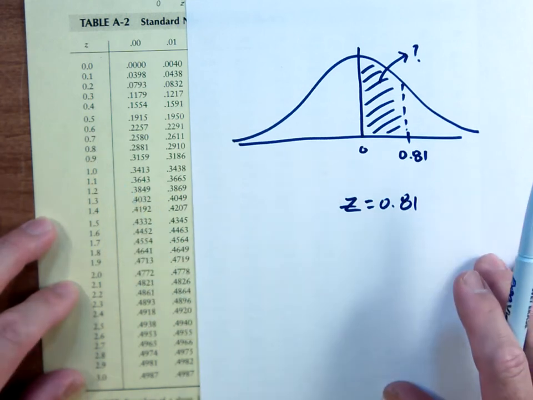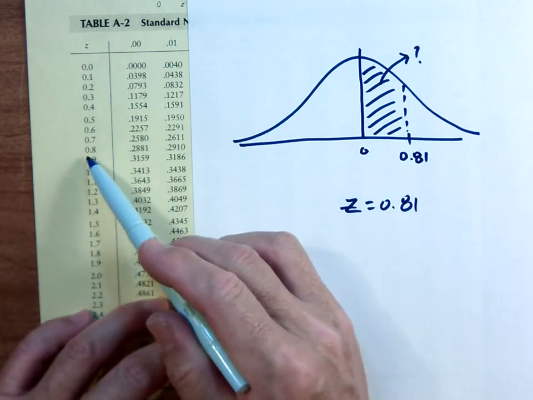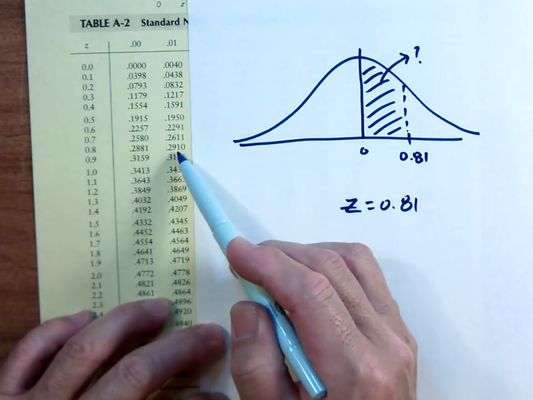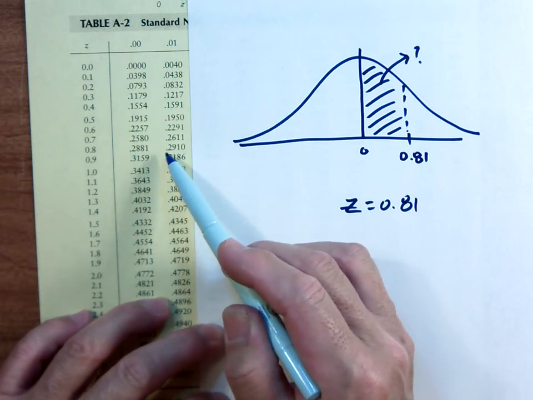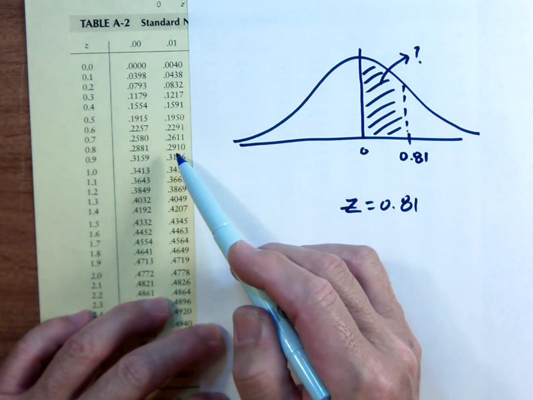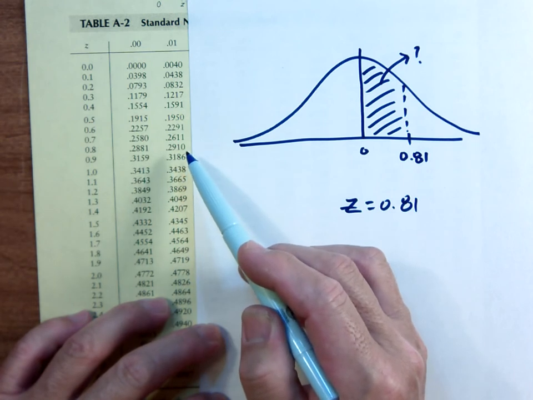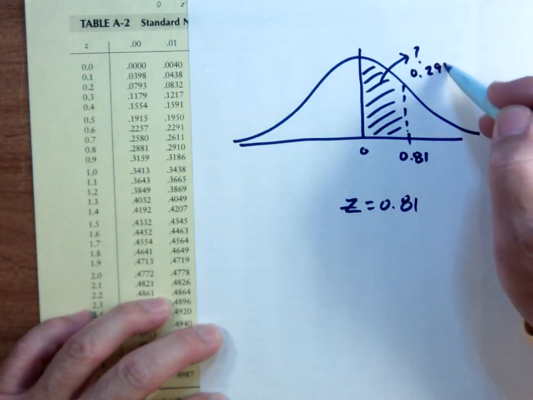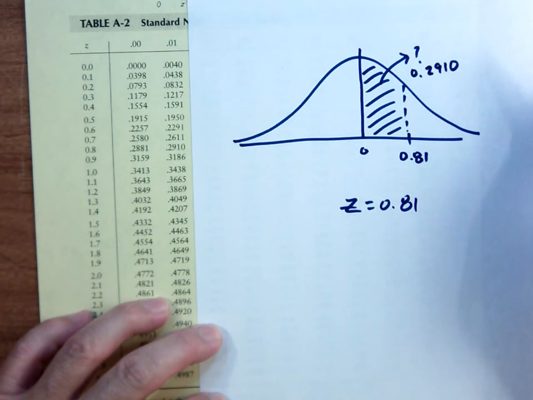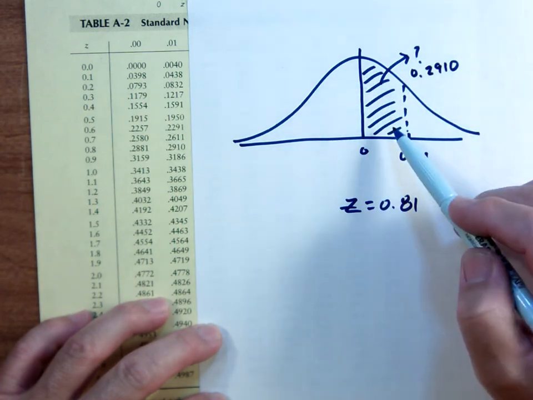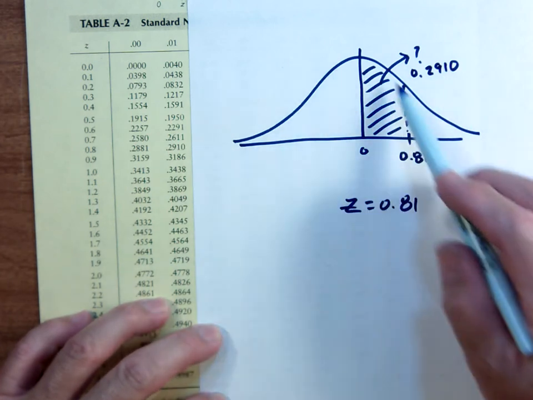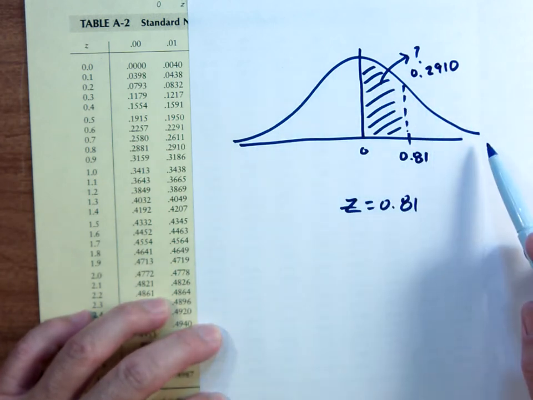So we go across: the first column is 0.80, and the next one is 0.81. That's what we want, and it gives us the value 0.2910. What that means is this area that I shaded is 0.2910, or about 29.1% of the entire curve.